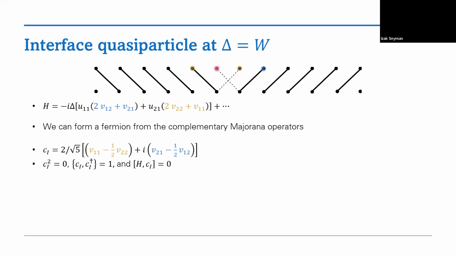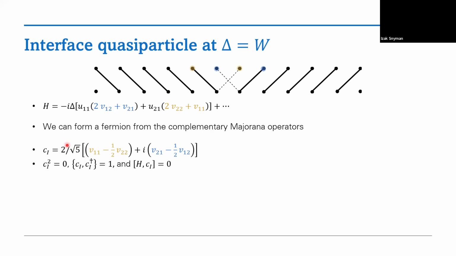You see that these two yellow modes that I have indicated here only appear in the Hamiltonian in a particular linear combination. The same with the two blue modes, right? Which means that you can form complementary linear combinations that are orthogonal to these two, which I've done here, and I've constructed a fermionic mode from it, which does not appear in the Hamiltonian.